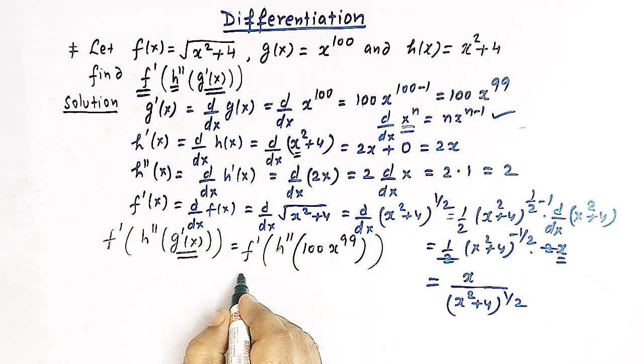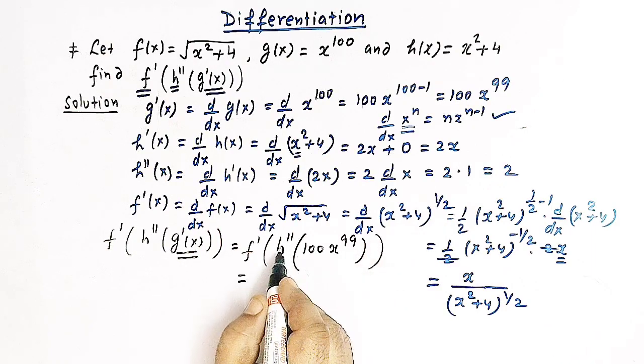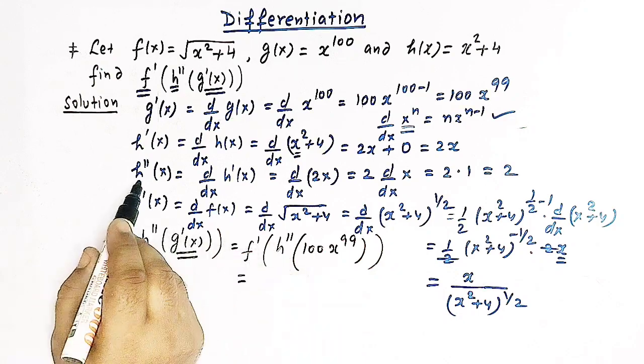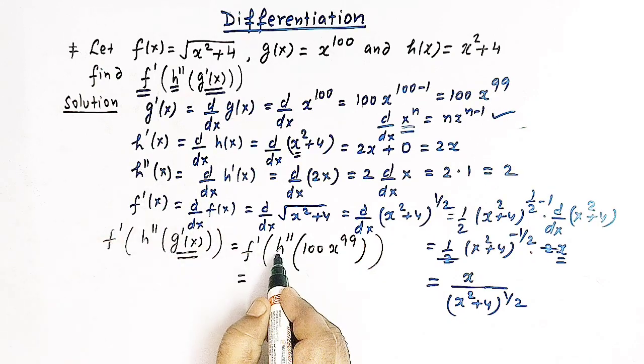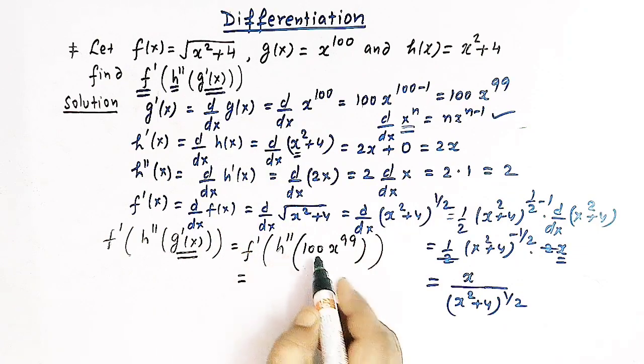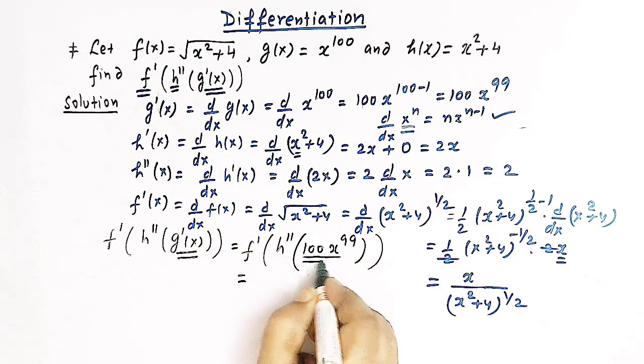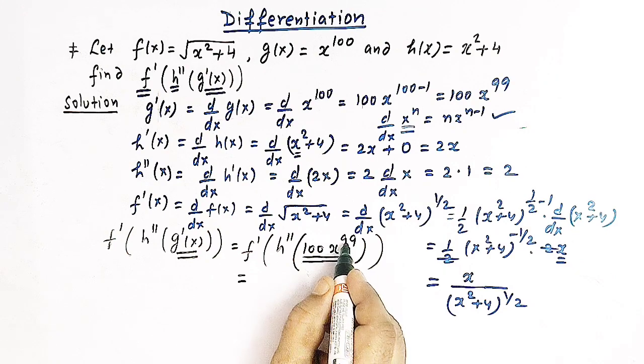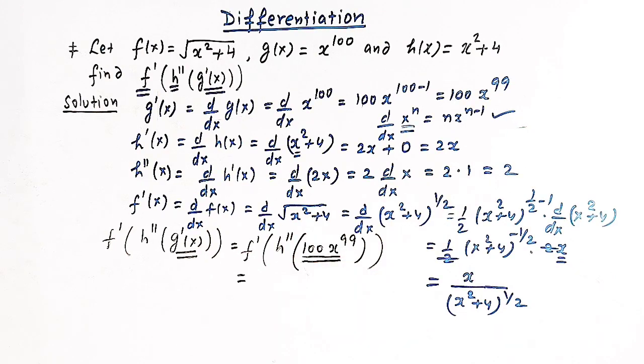Now we have to find the value of the second derivative of h of x, which is h double prime, when the input is 100x raised to 99.